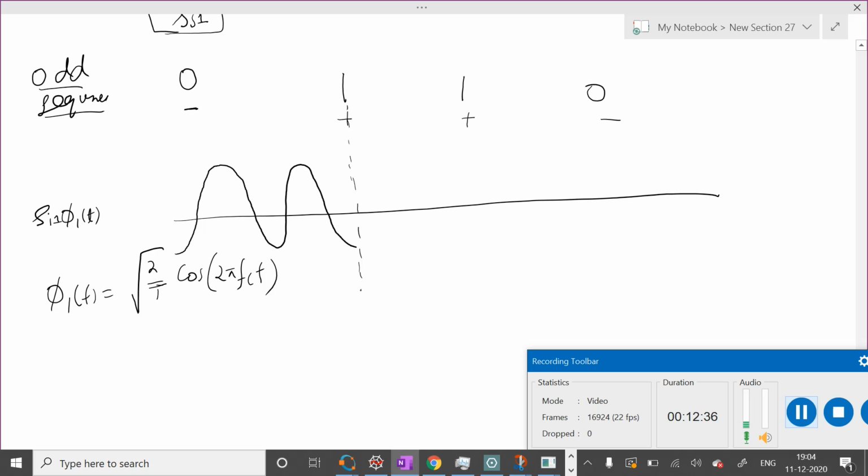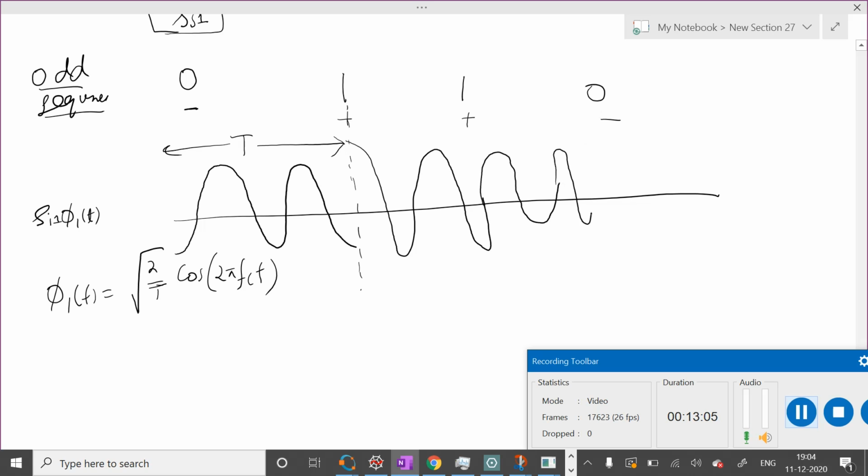Now after this you have 1, so 1 will start from this, and this time period is T. Okay, it is T. So again it will continue because it is 1. Then from this point it is 0, so 0 will start from minus again. Okay, so this is how odd bits will be encoded.